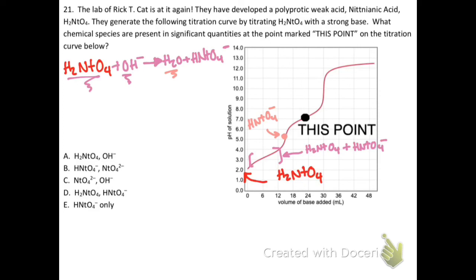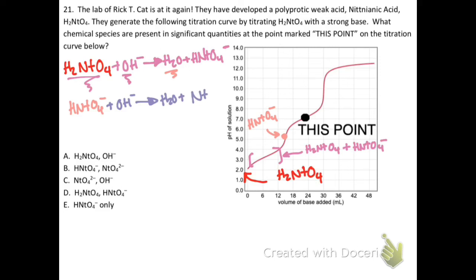But then if we continue the titration, this is what happens. So we have our HNTO4 minus. And if we add in more hydroxide, well, they're going to continue to neutralize each other to form H2O, pretty classic.